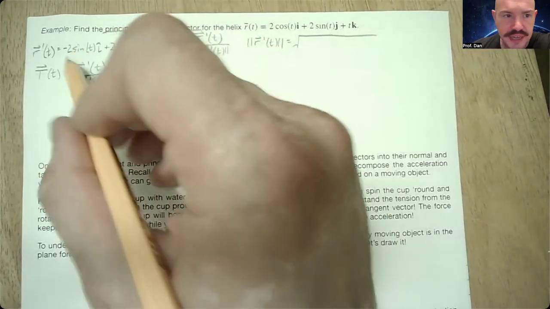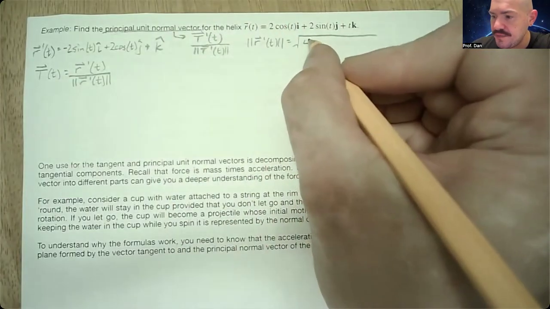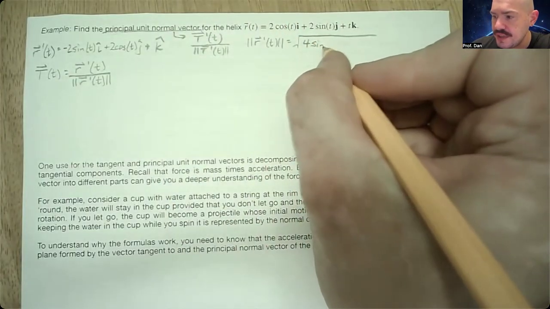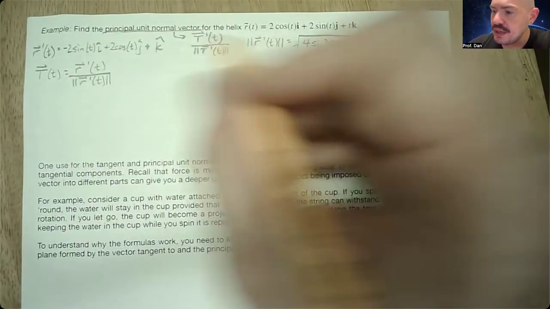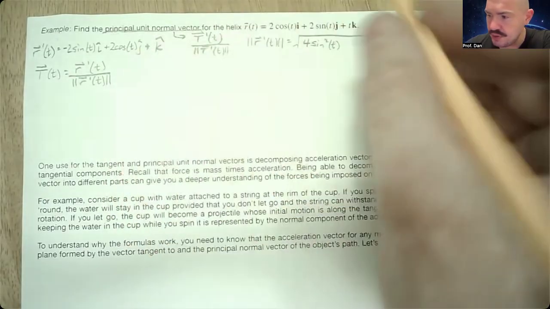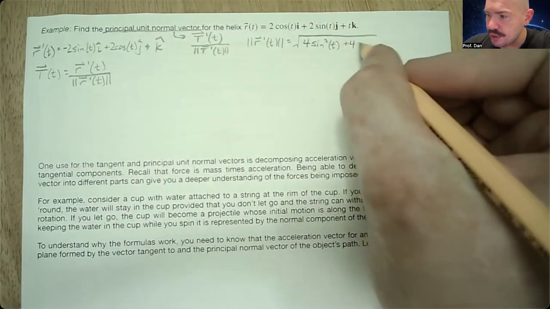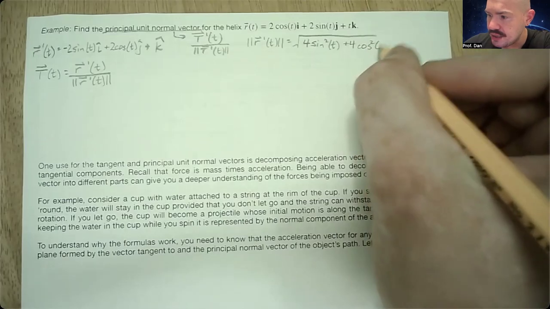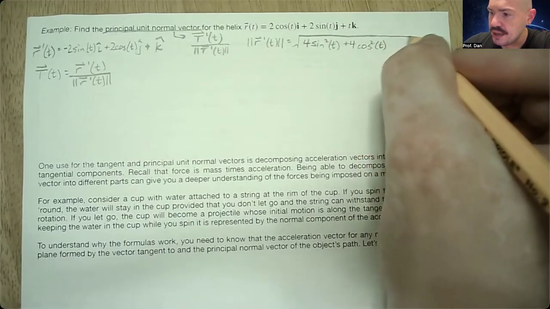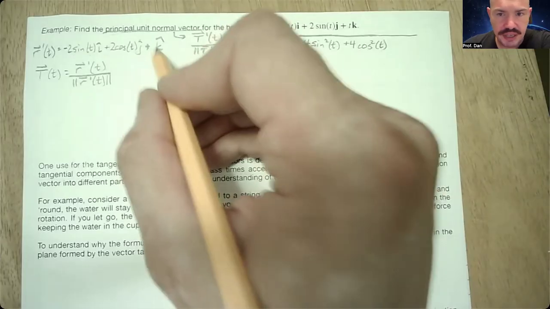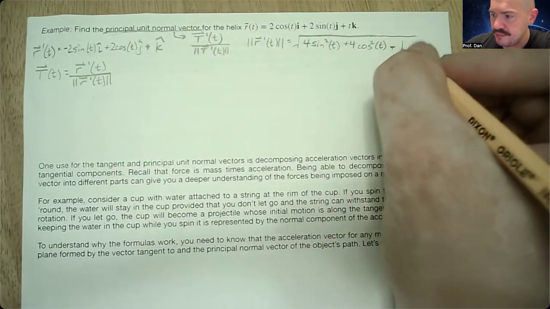If I square my i component, I get positive 4 sine squared of t. If I square my j component, I get plus 4 cosine squared t. And then if I square my k component, I get 1.